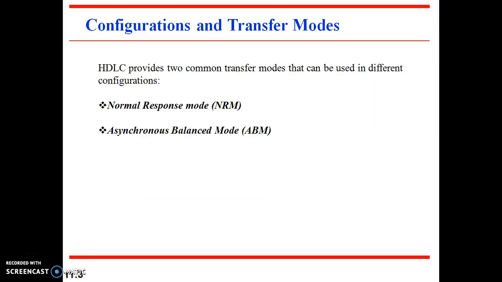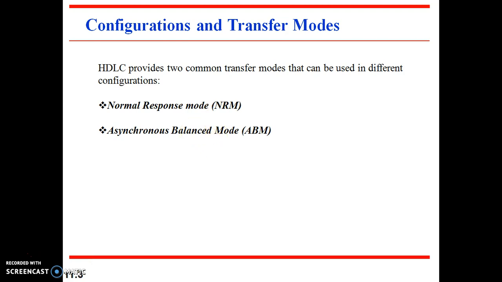Coming to the configuration and transfer modes, HDLC provides two common transfer modes: normal response mode and asynchronous balanced mode. In normal response mode, the station configuration is unbalanced.